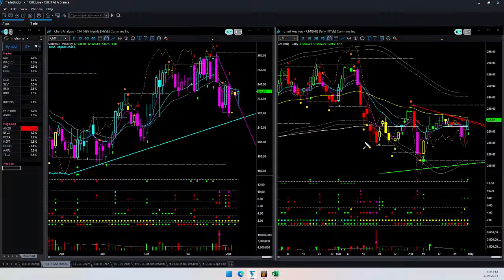Okay, go back to Q charts. What we see in CMI, weekly very bullish shape in bullish color. Daily had a bullish headwind at this point.